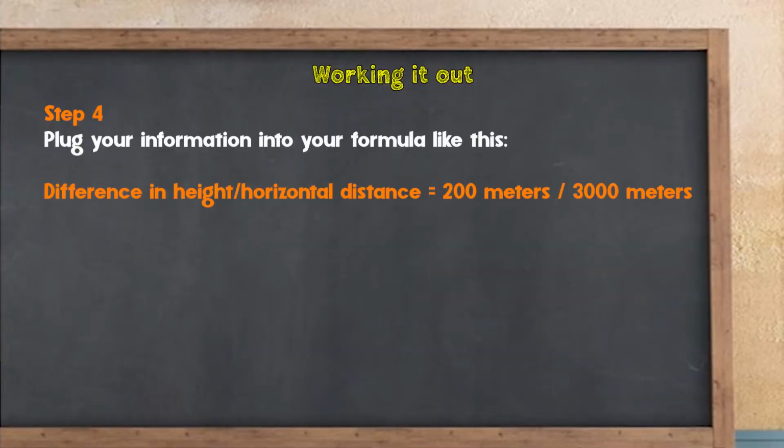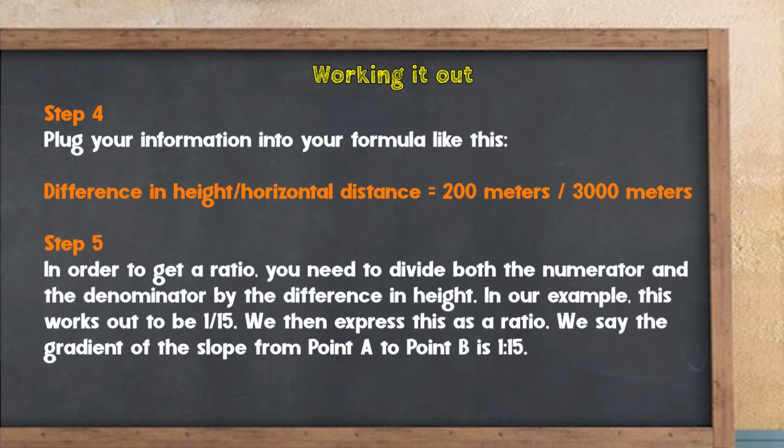Now the next step is to plug your information into your formula like this. Have a look on screen. You'll see the difference in height over the horizontal distance is equal to 200 meters over 3,000 meters. Now, in order to get the ratio, you need to divide both the numerator and the denominator by the difference in height.